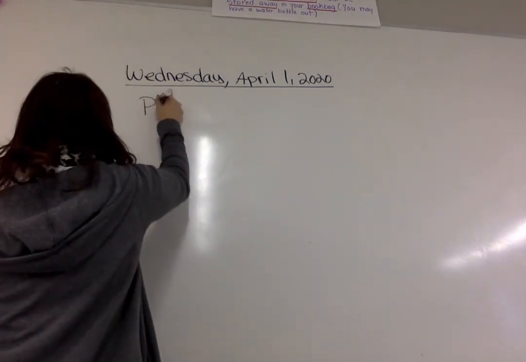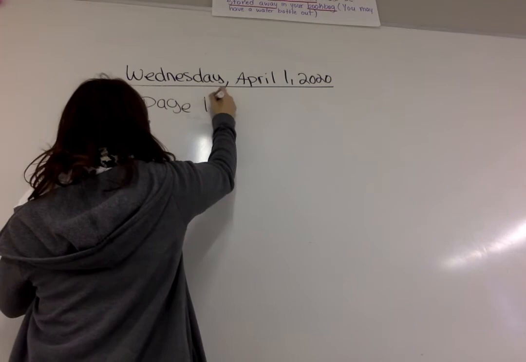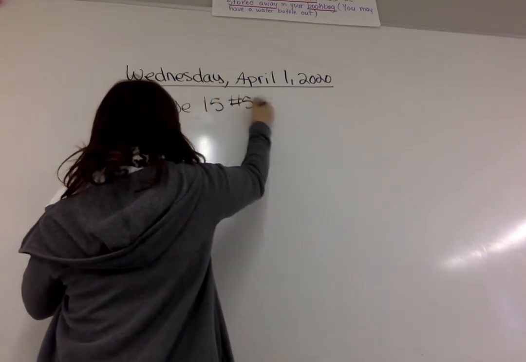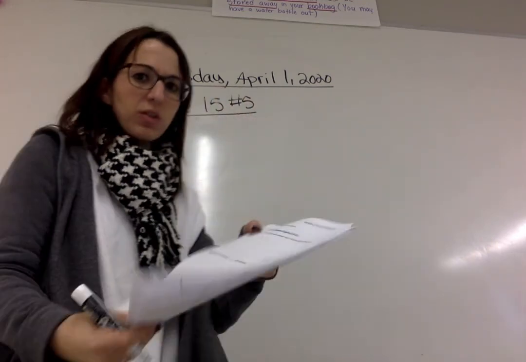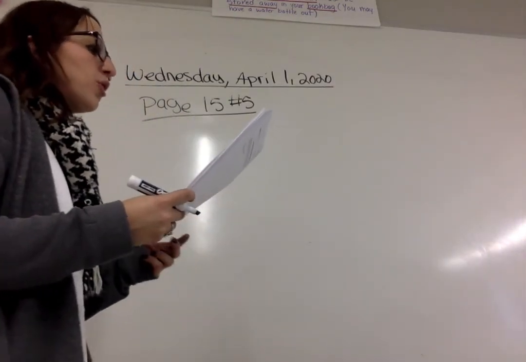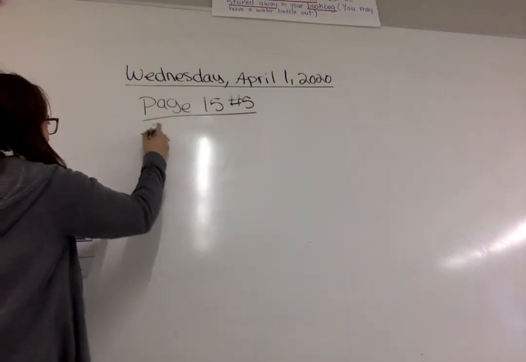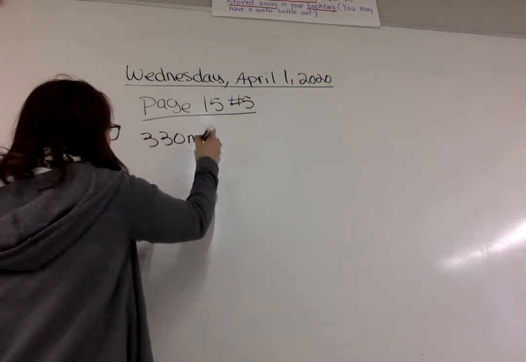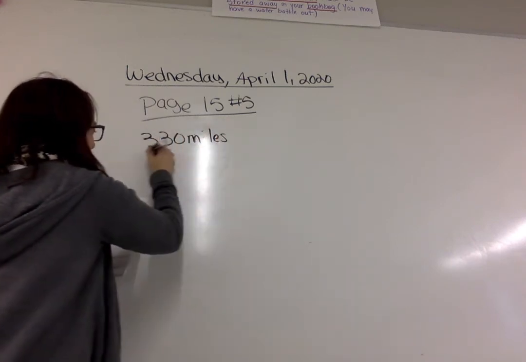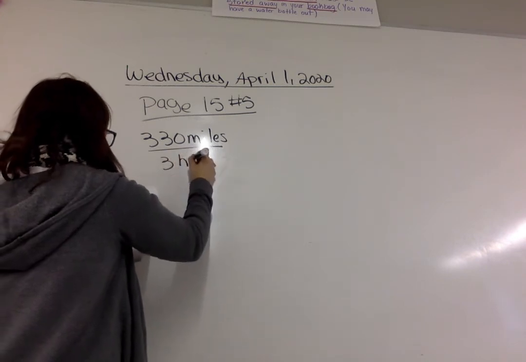So this is now page 15, number 5. It reads like this. There's a little train picture. A train travels 330 miles in 3 hours. So we're going to write 330 miles in 3 hours.